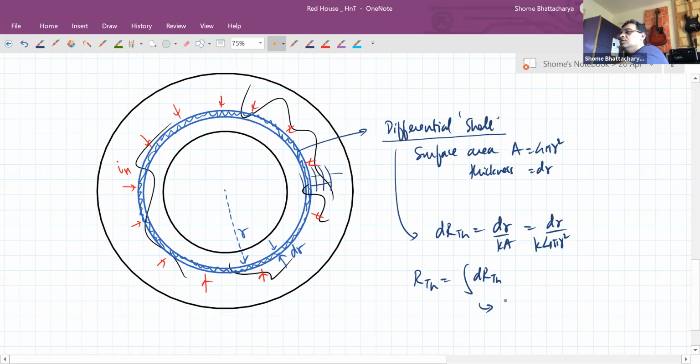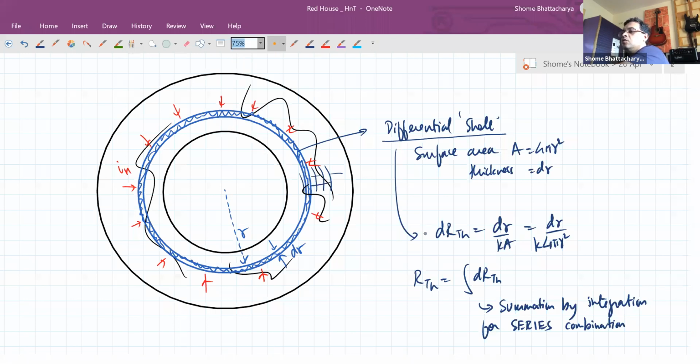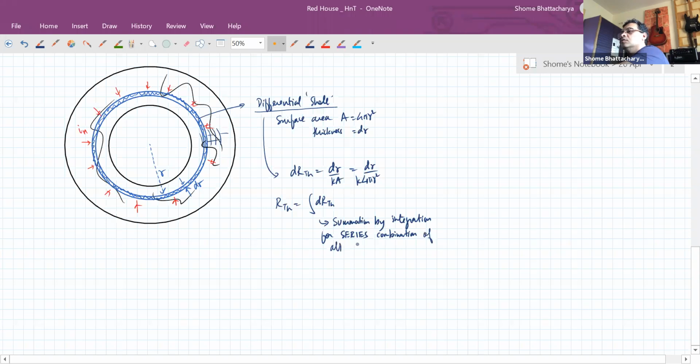So this is summation by integration for the series combination of all shells, r equal to A, lower limit, to r equal to B, upper limit. Okay.